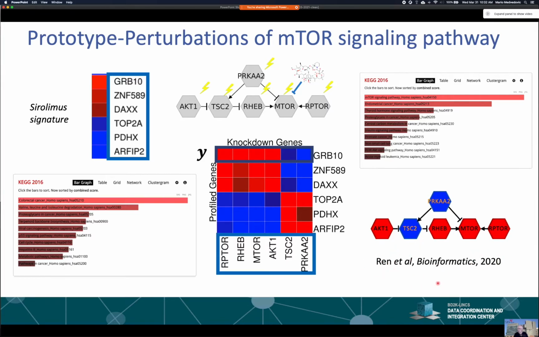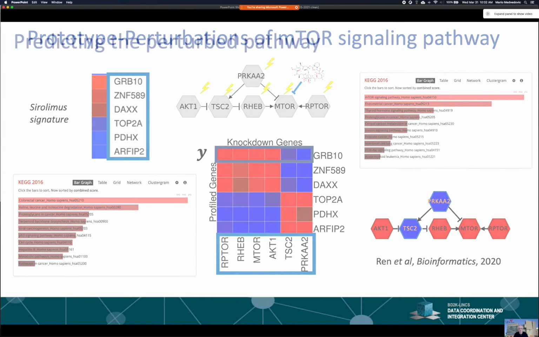Yan Ran has a paper on this that we wrote on using this topology, along with these knockdown signatures to predict signaling pathways affected by bioactive molecules, just by looking at their transcriptional signatures.